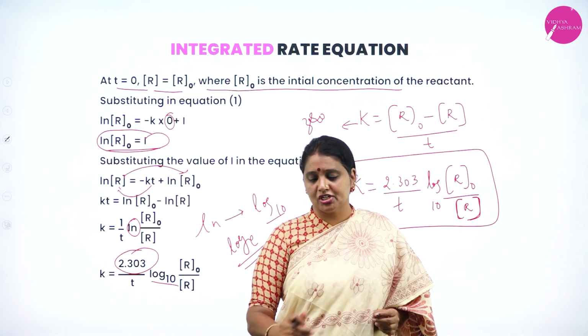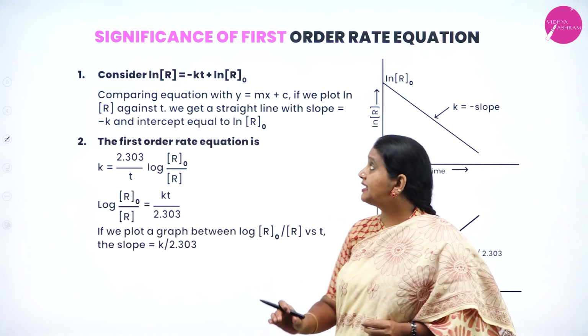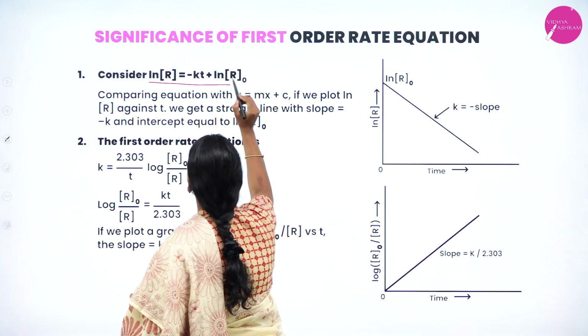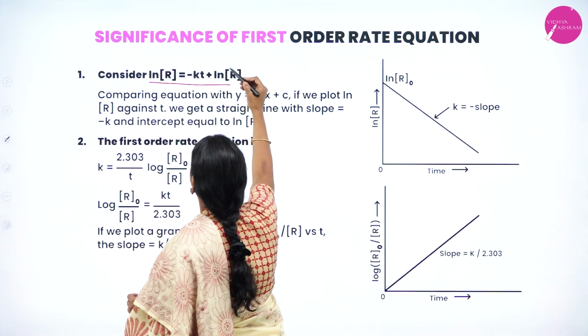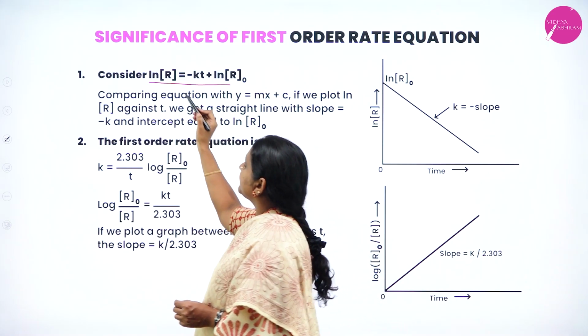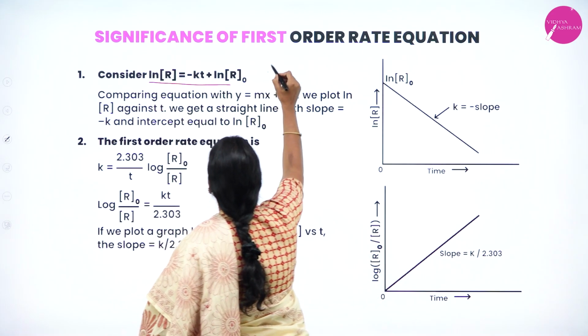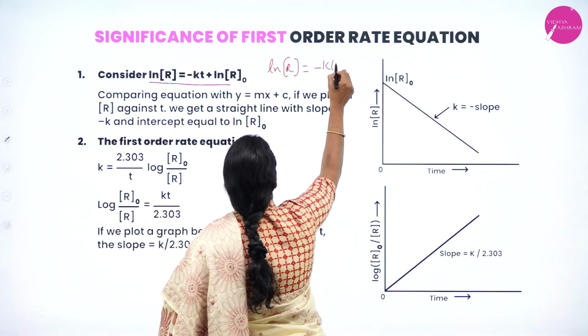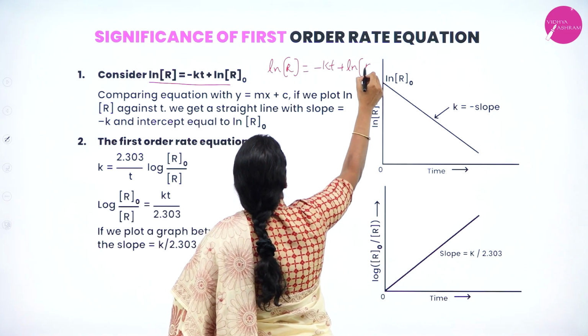Now, what is the significance of the first order rate equation? Consider the log natural form. While deriving the integrated rate equation of first order reaction, in between we got one expression: log natural R is equal to minus Kt plus log natural R0.